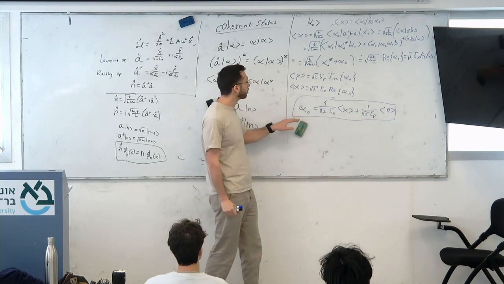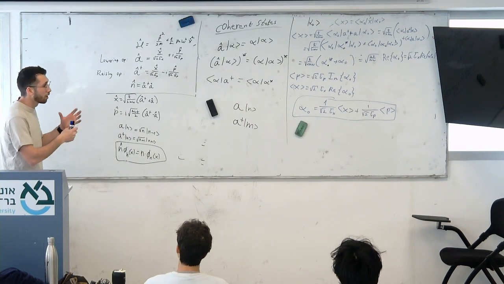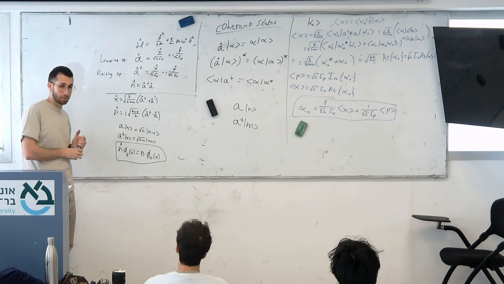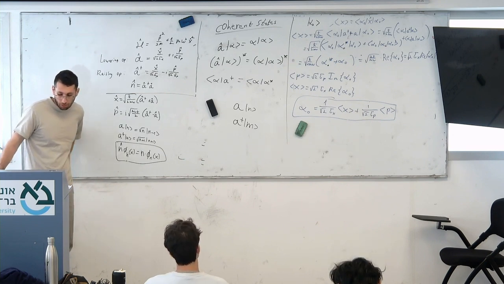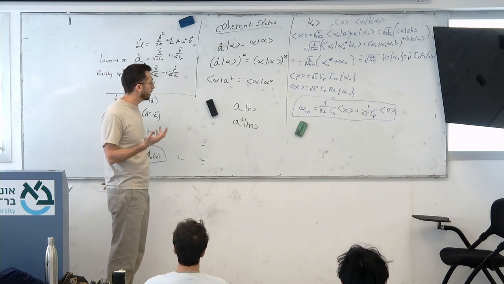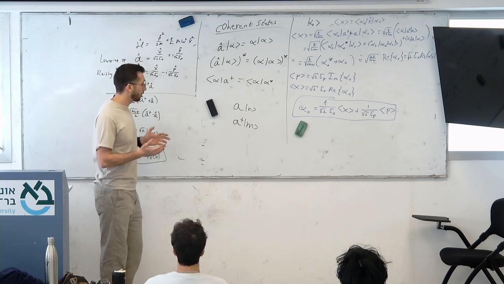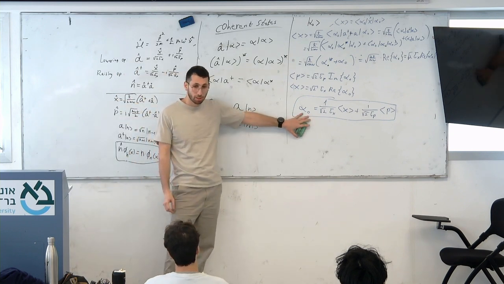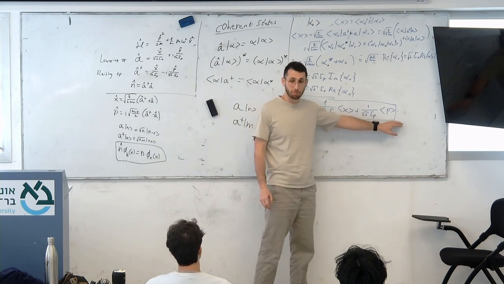It has some classical meaning. What do I mean by that? We have an object which gives us information both on space and momentum, on average.